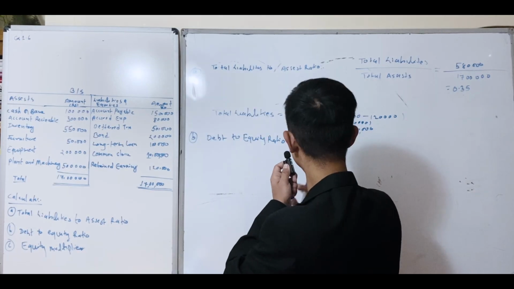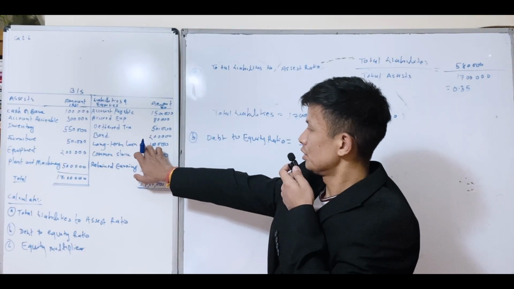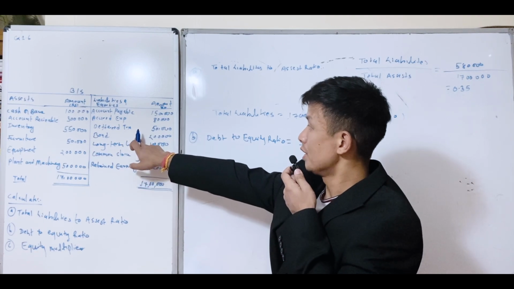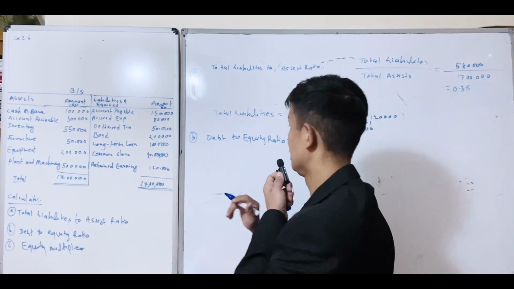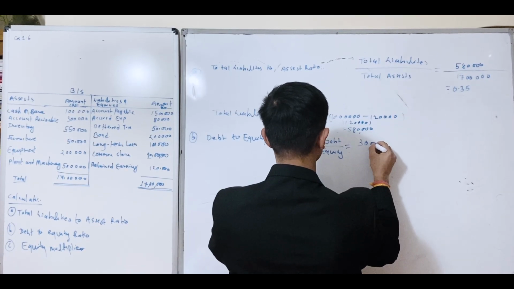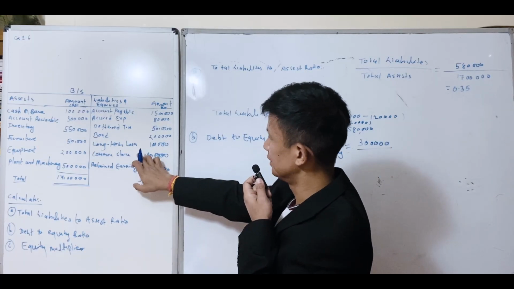In this point, the total debt is the total long-term debt, where the long-term debt itself is 1 lakh, and the bond is 2 lakhs. So 3 lakhs is the total debt, divided by total equity. Total equity is common stock plus retained earnings.